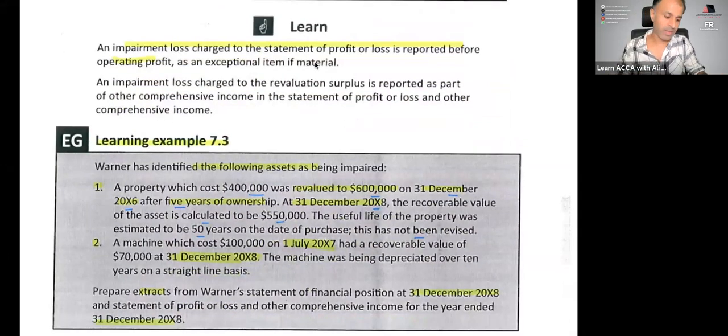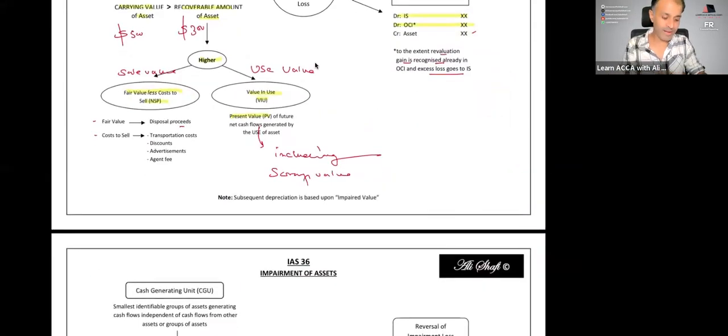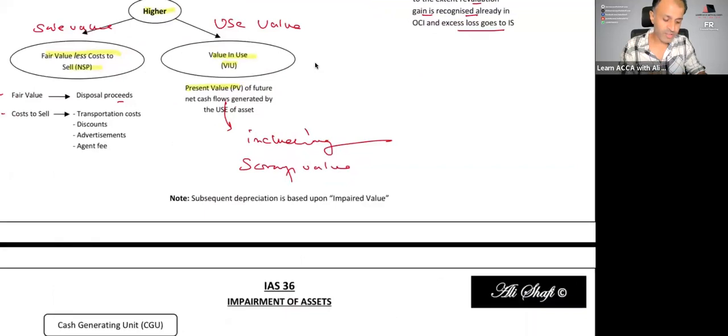Good with that? It says when an asset is impaired, subsequent depreciation is based on the impaired value. The value of an asset after impairment is called the impaired value. So if I have to depreciate that asset now, I will have to depreciate the impaired value of the asset for all those years to come.